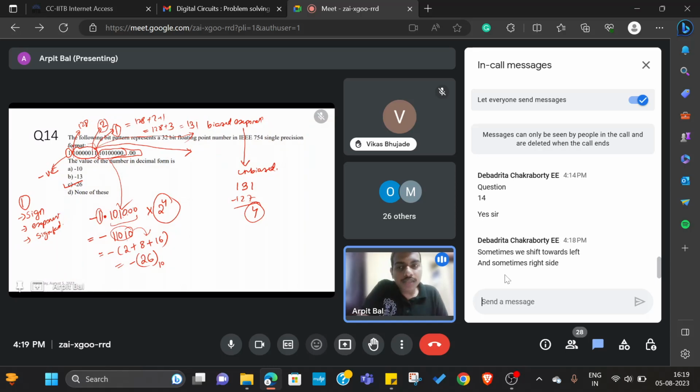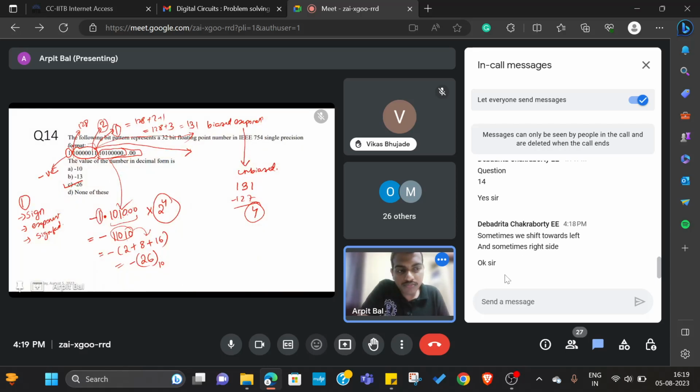But if you have something like 2 to the power minus x, where x is a positive number, it means you are dividing, and you have to move the decimal place towards the left.